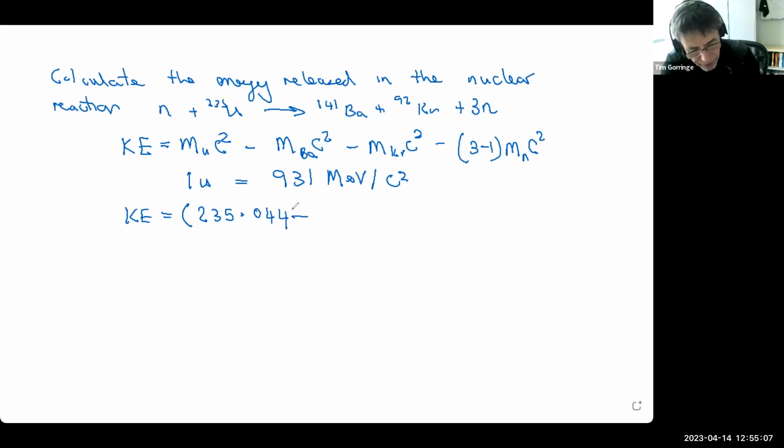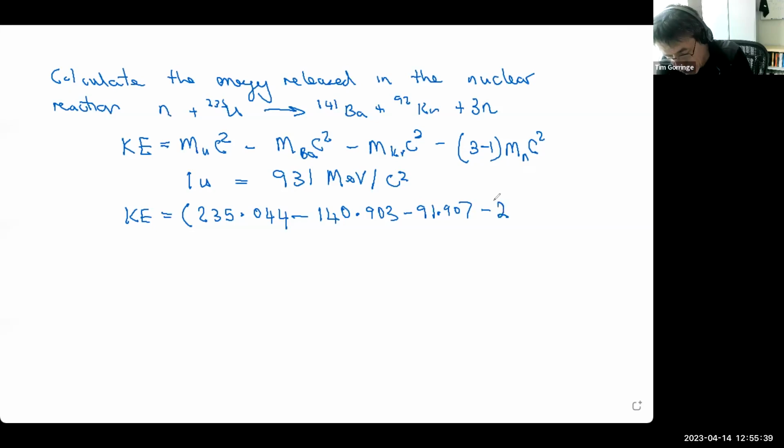For the barium, I looked that up, it's 140.903. For the krypton, again, I looked it up, 91.907. I have to be careful with lots of digits here. And then for the neutron, I also looked that up. Now, 3 minus 1 is going to be a 2. I'm subtracting off the equivalent of the 2 extra neutrons that I produced.